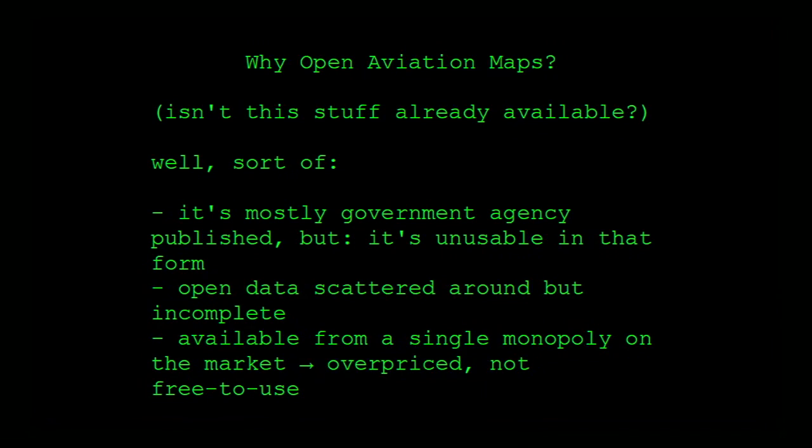So basically, the state of affairs currently is that government agencies publish this kind of data, but the way it's published, it's unusable. It's basically this textual description I read earlier. During flying, it's very difficult to interpolate with circular angles and stuff like that, and you don't know the national border anyway.